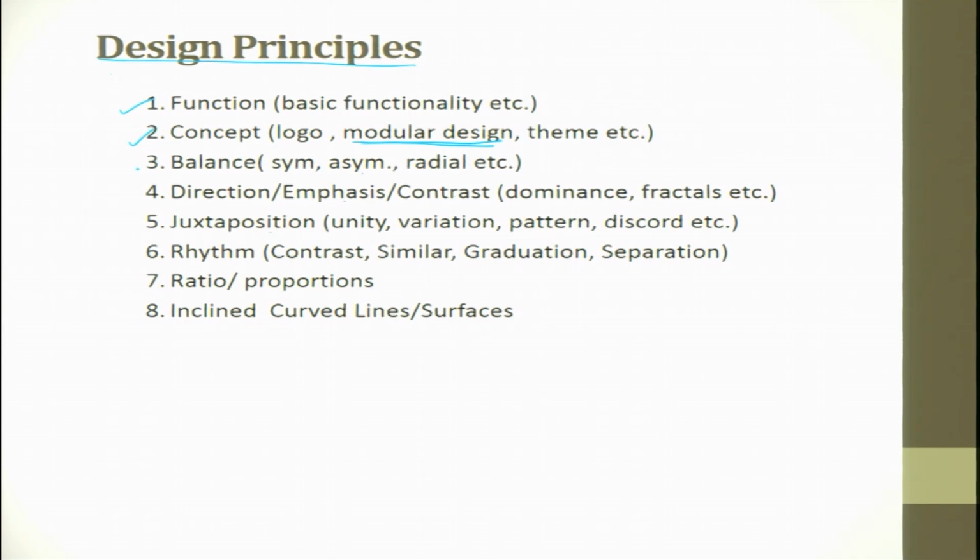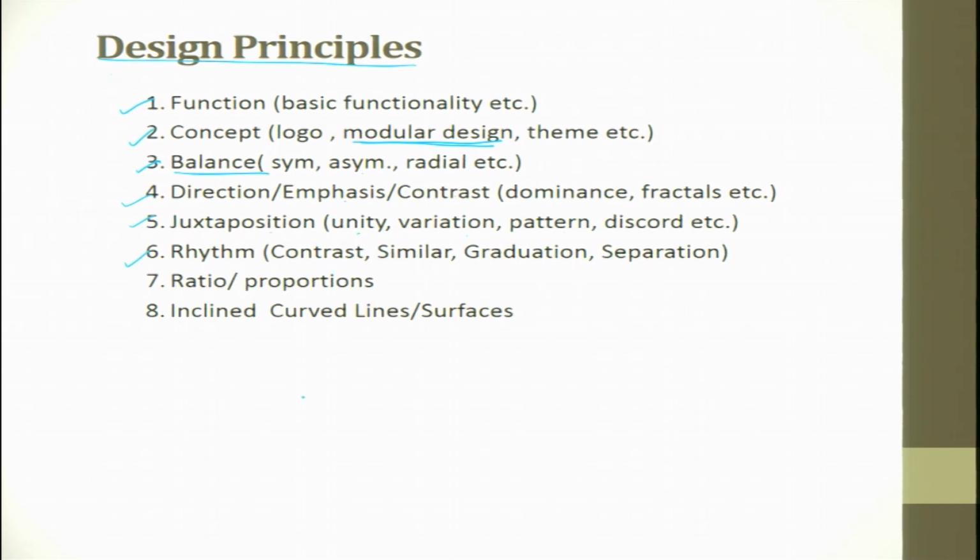Then we should have balance in the color. We will see about it later, whether symmetry, asymmetry, or radial. We should have this balancing of the object or the figure. Then it is the directions, emphasis, contrast. This we discussed about the fractal design. Then it is juxtaposition, unity, variation, pattern, discolor, all those things are the next principles to be followed.